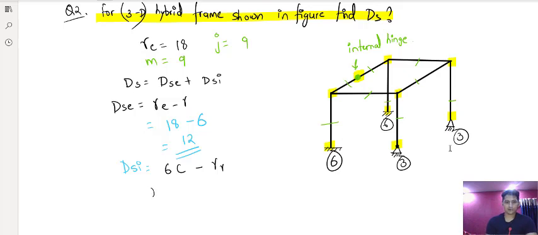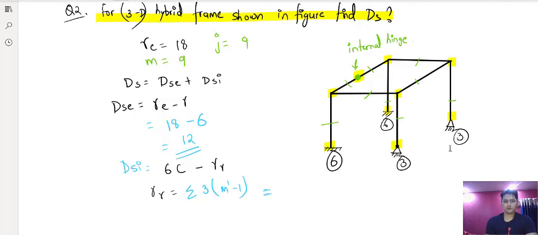For calculating the value of RR in case of 3D, the formula was summation of 3 times (m dash minus 1). This is the formula.